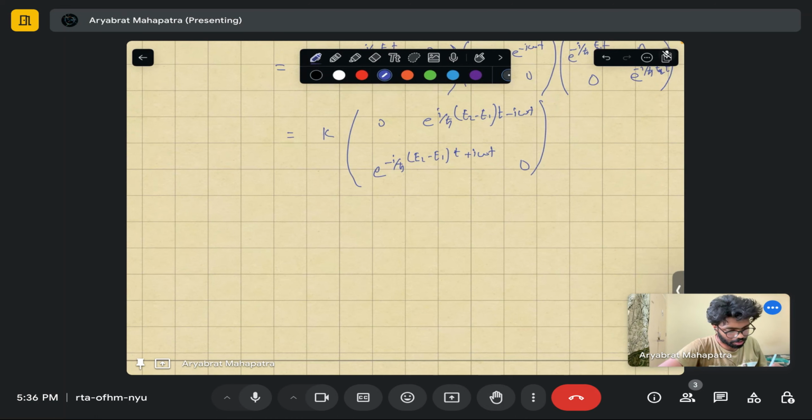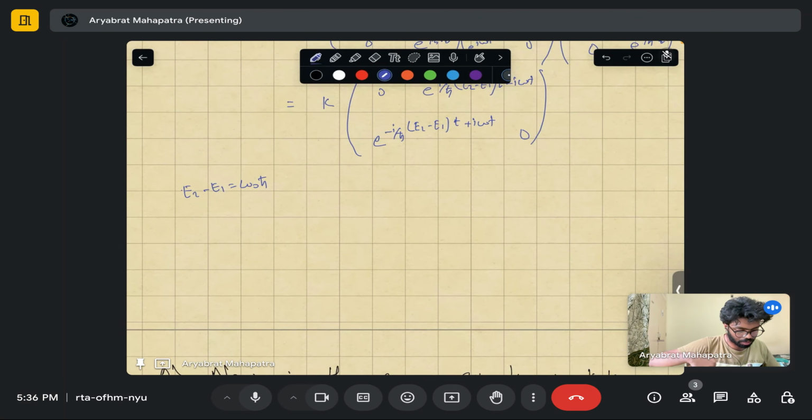Now let me write E2 minus E1 as some omega naught ħ, and omega naught ħ is gamma B0 ħ cos theta.